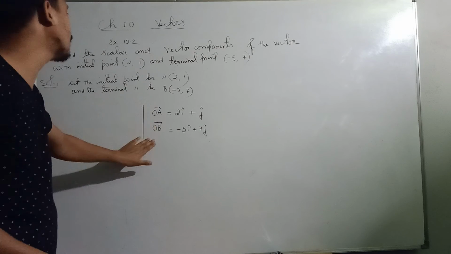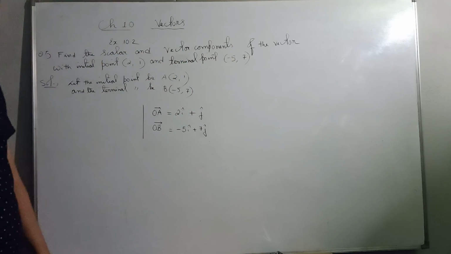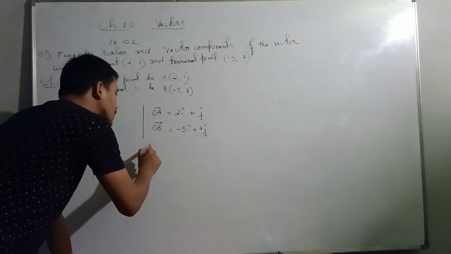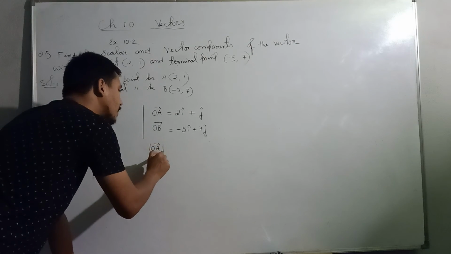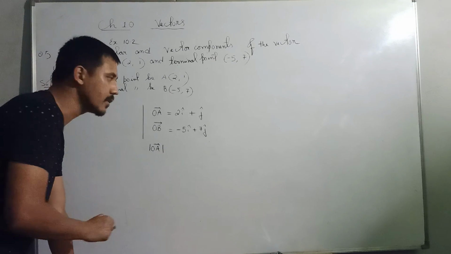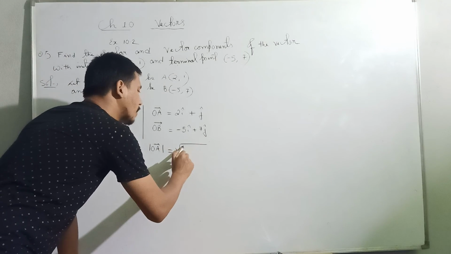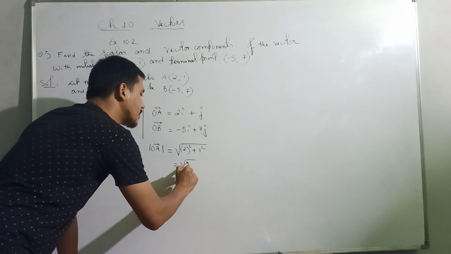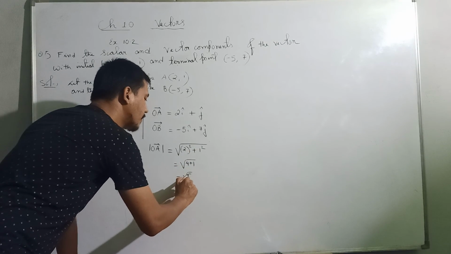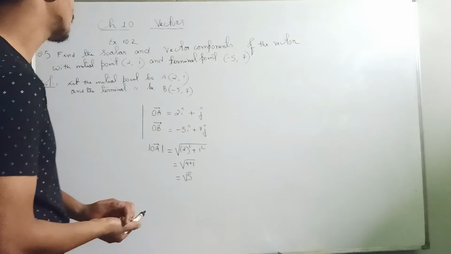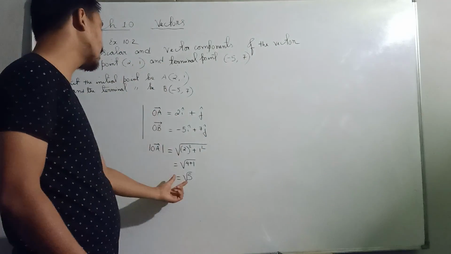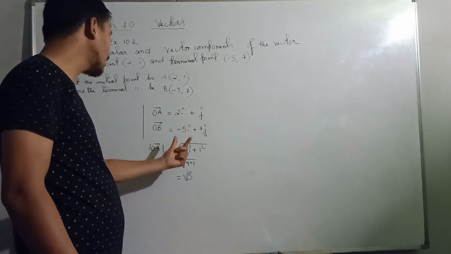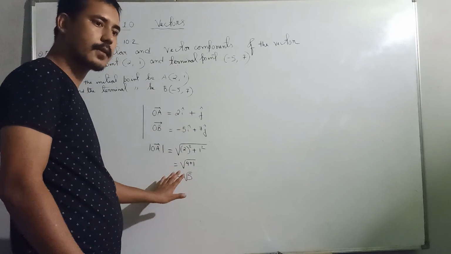So these are the vector components of the two given points. You want to find the scalar component. Scalar component means to find out the magnitude of OA, right? So that will be square root of x component squared plus y component squared, that is square root of 4 plus 1, square root of 5. So this is the vector component of A and scalar component of A, yes, correct.